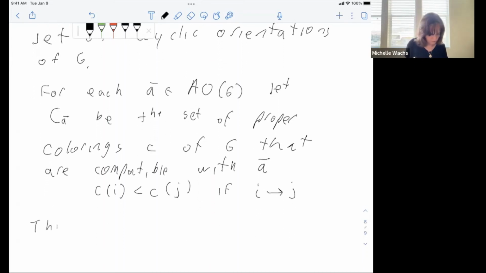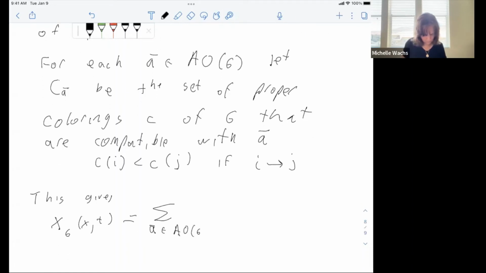This gives X_G of x_t. We can sum over all acyclic orientations t to the ascent set of A, C. We were calling that the ascent set of the coloring, but the ascent set of the coloring only depends on the acyclic orientation associated with that coloring.